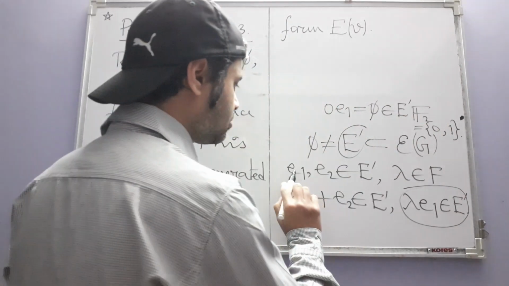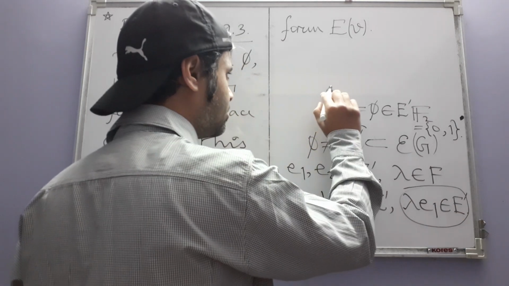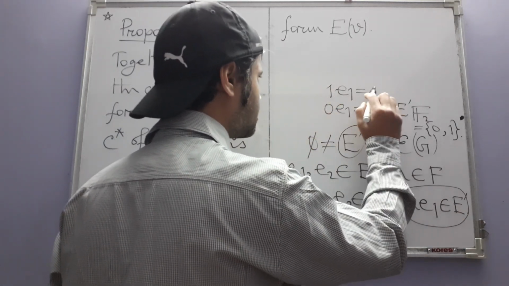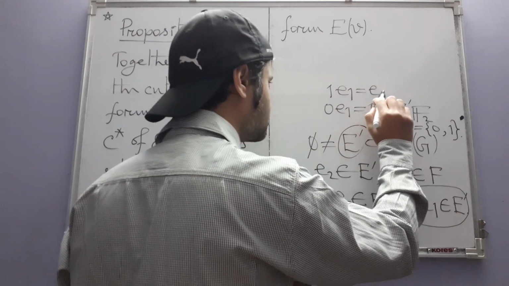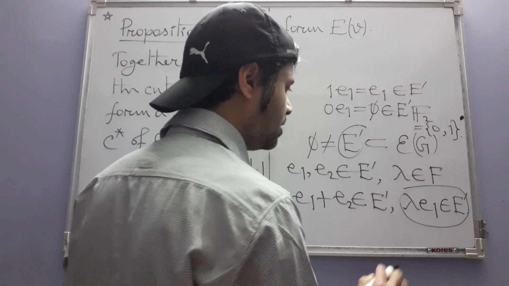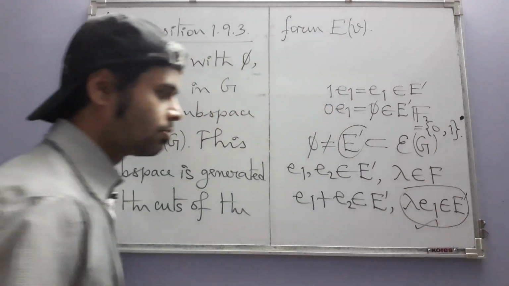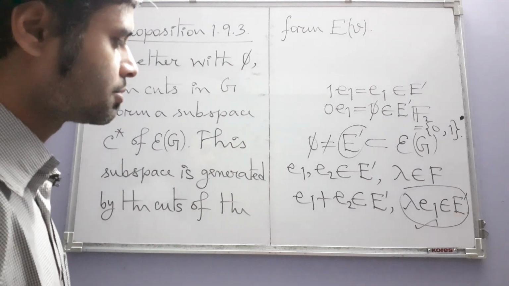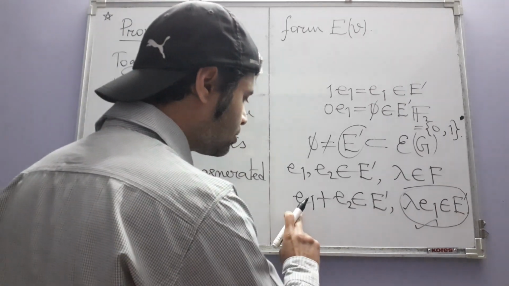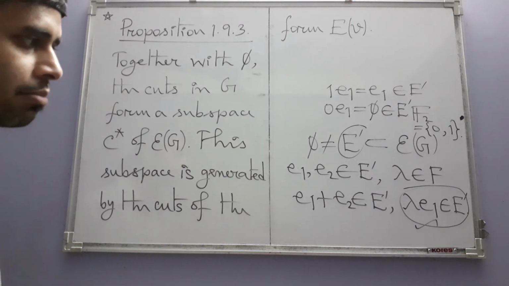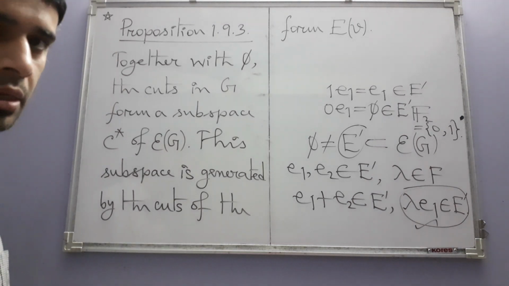And if we are choosing E1 from E prime, then 1 times E1 is again, by the fourth vector space axiom itself, E1. So this belongs to E prime. So we need not even bother about this second part of showing that a subset is a subspace. We should concentrate on showing that the sum is again in E prime.